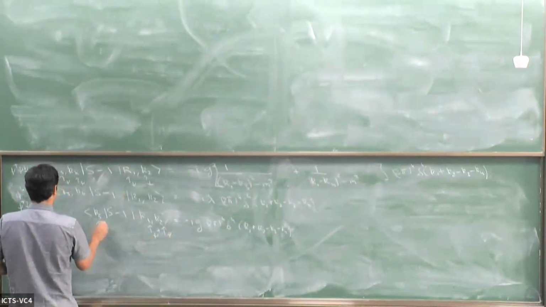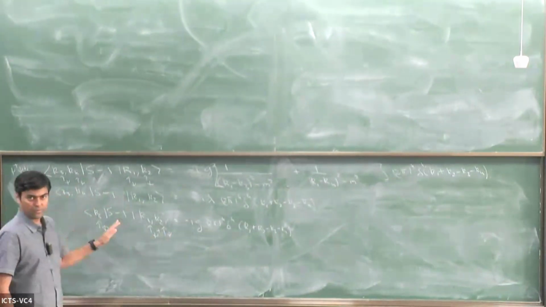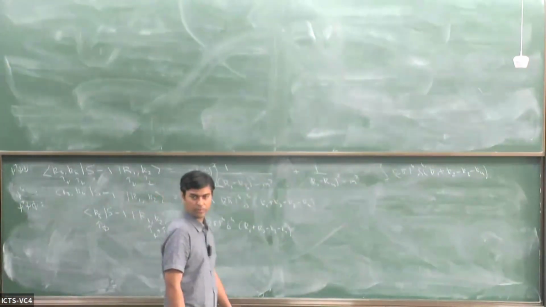In the second case, there's no ambiguity about what the different terms are because there's only one kind of particle. So these were the three results we derived in the previous class. Is this all okay?